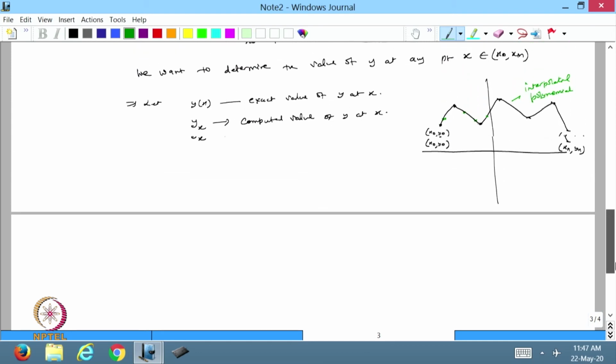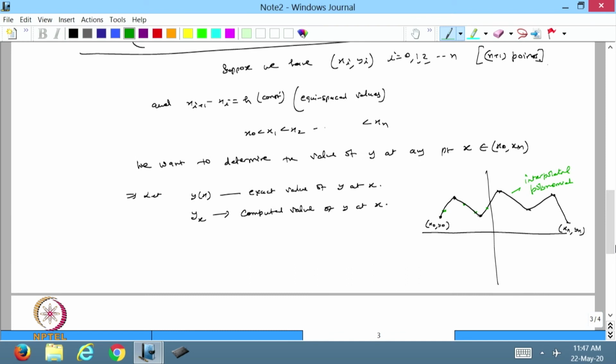Now, from here we also know that y at xi, at the given value, is the same as y subscript xi. So, these values are the same, because I know that at the nodal points my function is passing through the given data points, and my interpolating polynomial is also passing through these data points.